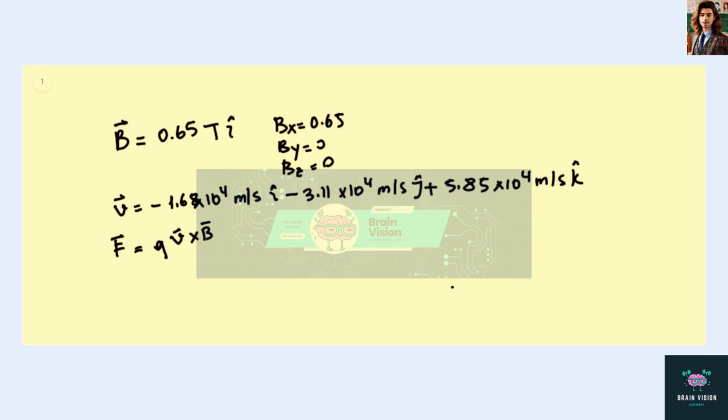V cross B. Then it equals the determinant of i hat, j hat, k hat, Vx, Vy, Vz, Bx, By, Bz.